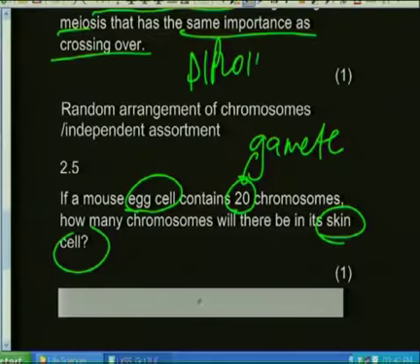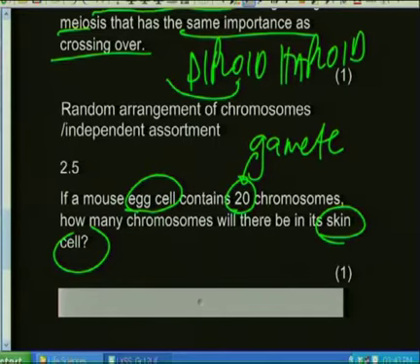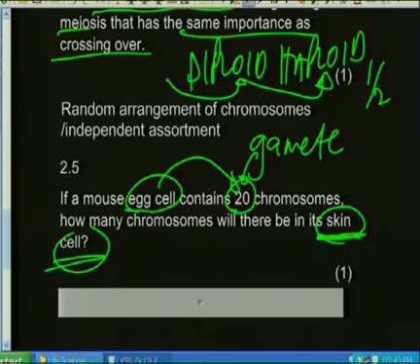And you need to know the story about diploid and haploid. Meiosis takes place in diploid cells to give rise to haploid cells. Haploid means half the chromosome number. So, if the egg cell had 20 chromosomes, then the skin cell, which is a normal cell, it is not a gamete, it's a normal body cell, should have double the chromosome number.